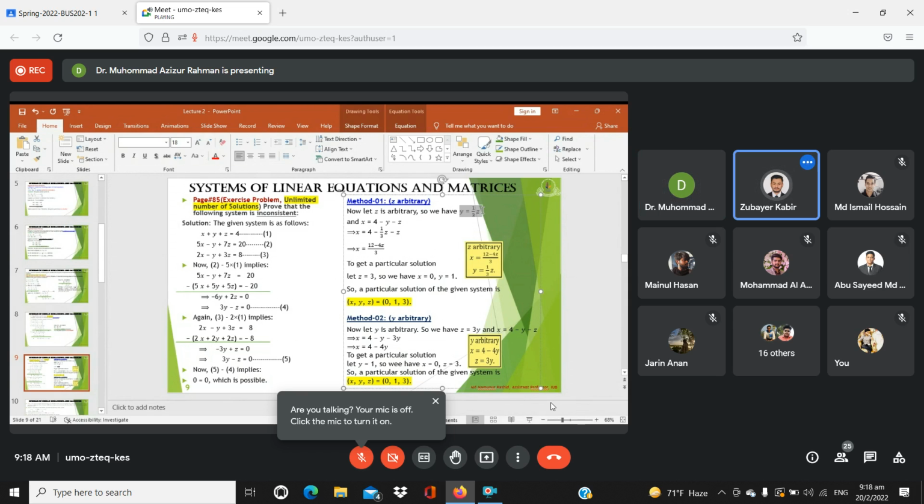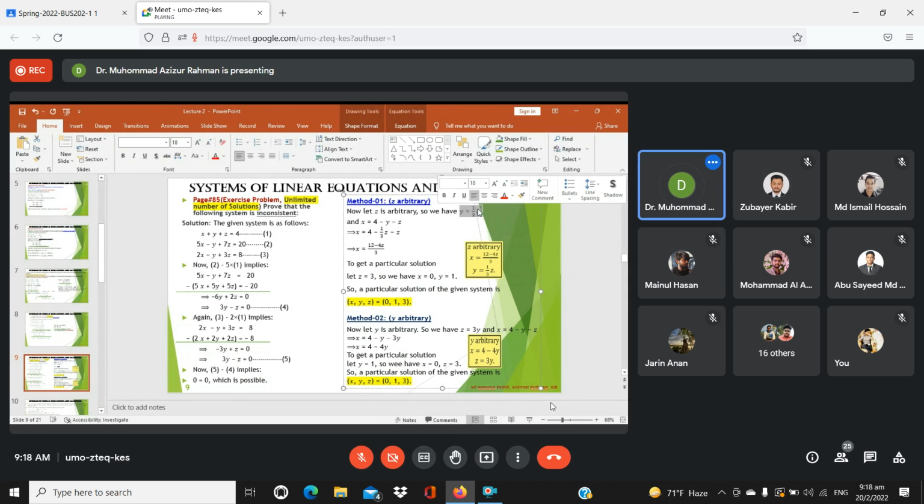Then you choose in a way that z is the variable here. You change the value of z, you will get the value of y, then you will get the value of x. So z is arbitrary, meaning you change z first. Here, y arbitrary means you arrange it so that you can change the value of y, then you get the changed value of z, then the value of x.